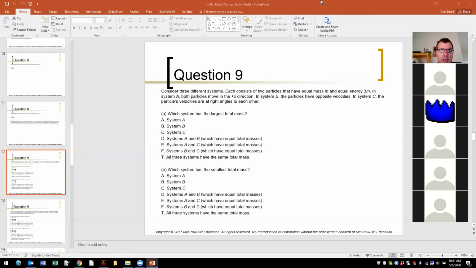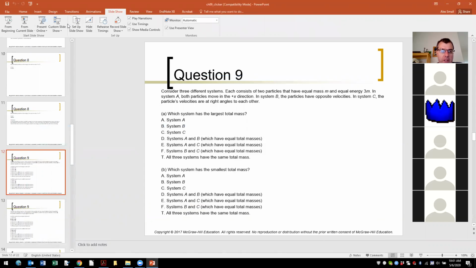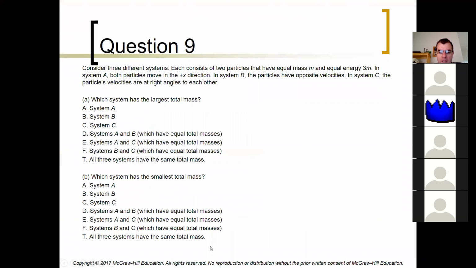But before we do that, I want to go over a few more questions about relativistic mass, energy, and momentum. So first question, two parts to it. We've got three different systems. Each is two particles of equal mass m and energy 3m.